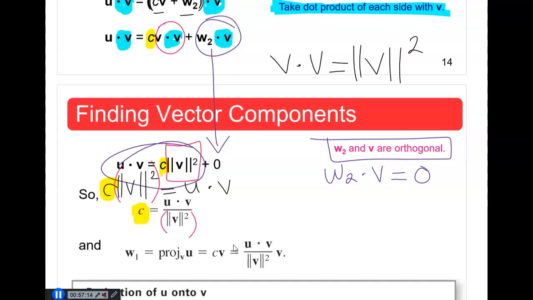That's what you can see here on the right side. It's going to be dividing the dot product of U dotted with V. So now from here, we're going to replace the constant C with this whole expression, and that is what you could see here.